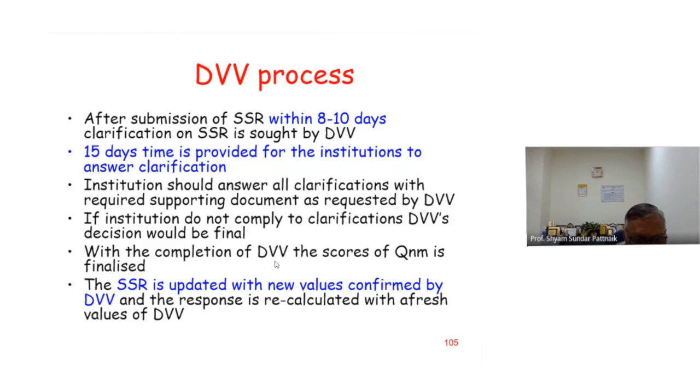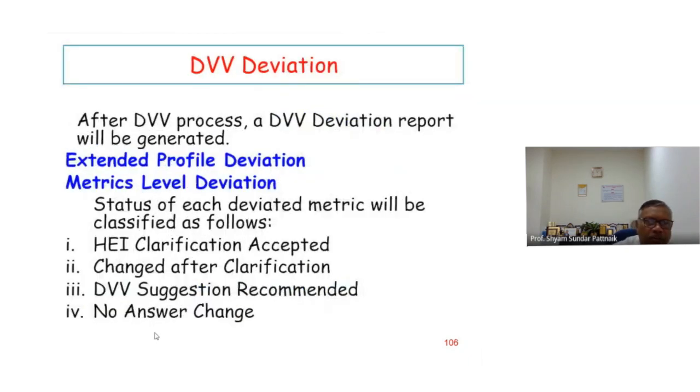With the completion of DVV, the score of QnM is finalized. The SSR is updated with the new values confirmed by DVV, and the response is recalculated with the fresh values of DVV. So whatever DVV has calculated from the SSR, this is the stage where it gets changed, and that is the final which is uploaded for you.